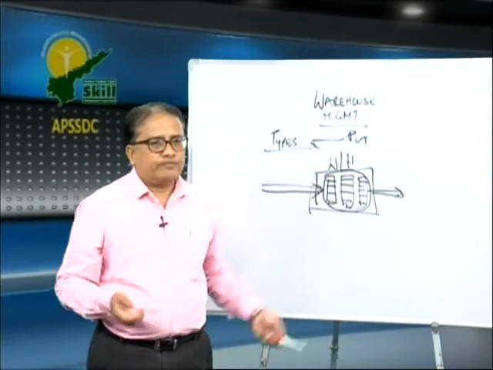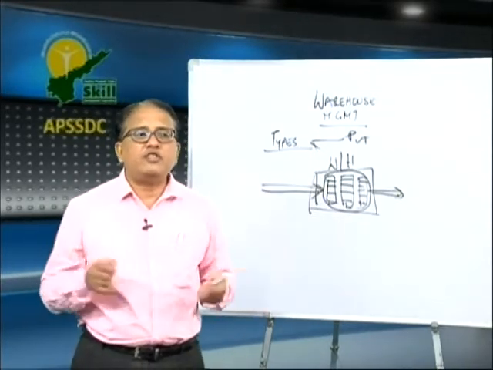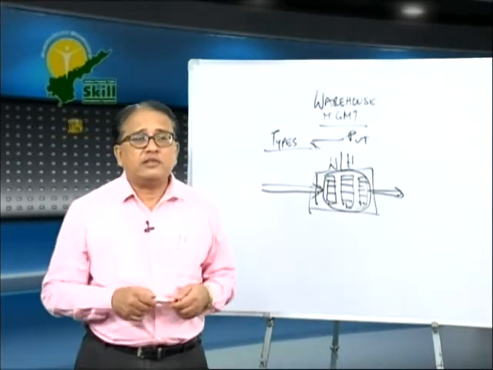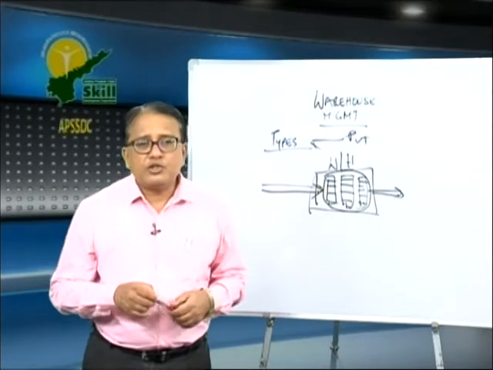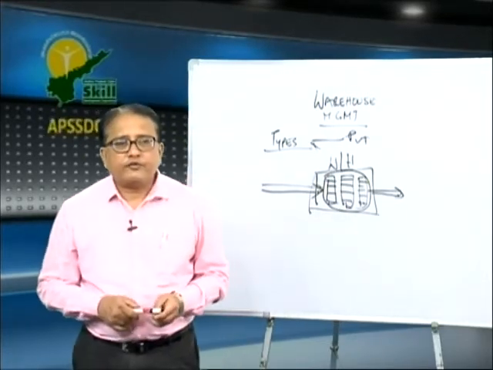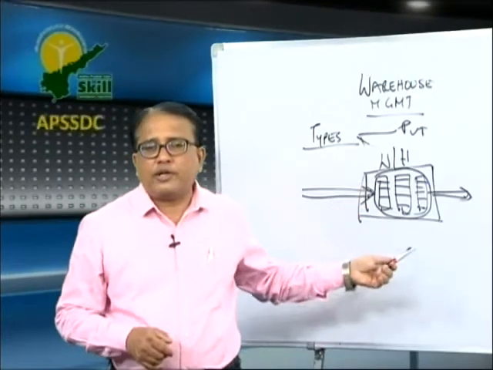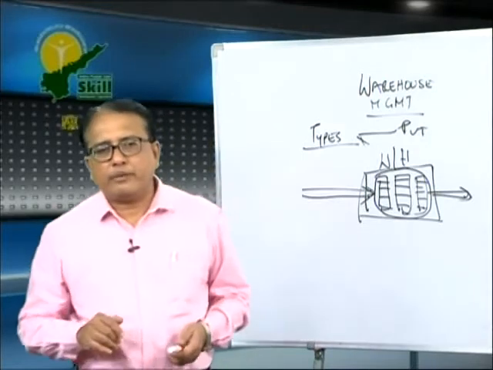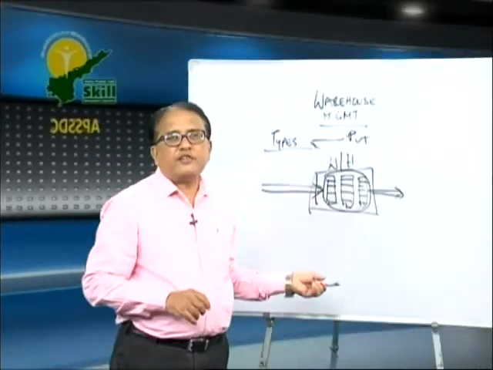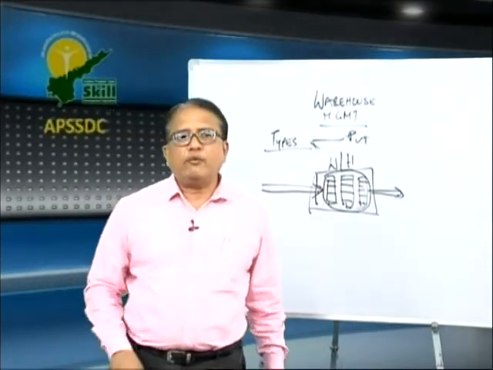There you will know how inventory is managed, how inventory is controlled, what is a safety stock, what is an average inventory, what are the different models which are used to decide what sort of lot size, economic order quantity, all these will be discussed during inventory management. Broadly, what we are discussing here is that the inventory status report is one of the very critical documents maintained in the warehouse.